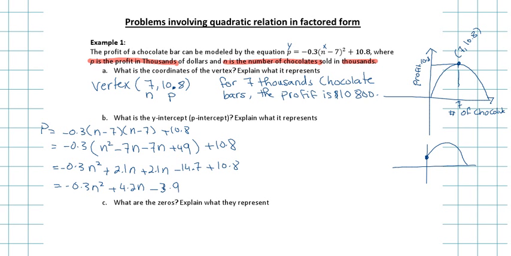So what is my profit if I sell 0 chocolate? -3.9. Don't I have to make the chocolate though? I have to make them, but I sold 0. Well, in order for you to sell them, you have to make them.